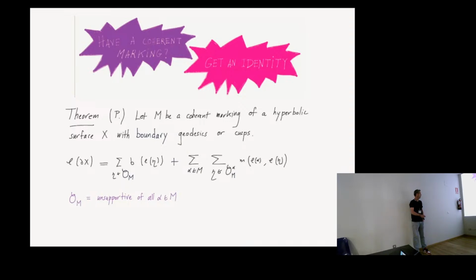So this is the set of all the orthogeodesics, or arcs, in this topological notion, right? All the arcs that are unsupportive of any element in my coherent set, right? So these are the forbidden groups. So those are those. And then here you have the second set that I have.